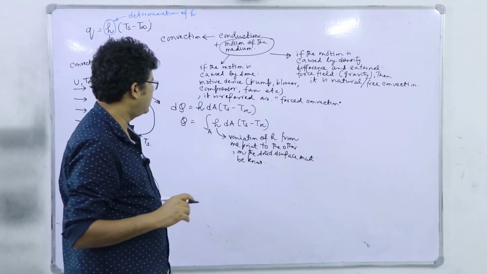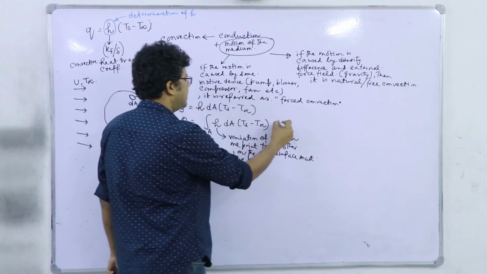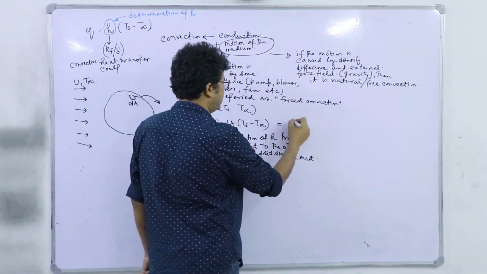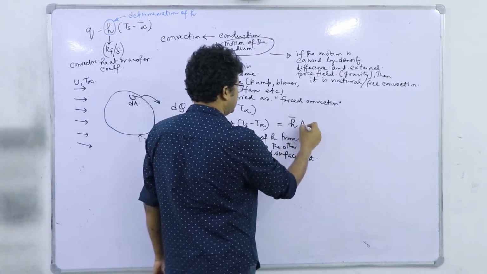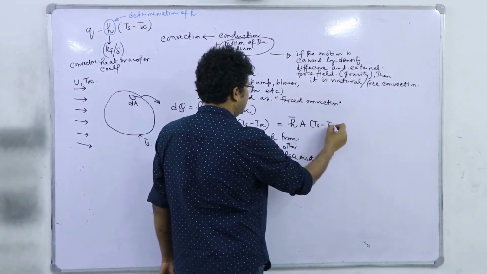So, Q is this, and if I want to calculate some average heat transfer coefficient, we can write that this is H bar into A into Ts minus T infinity.